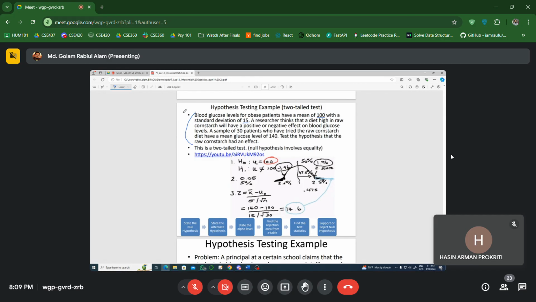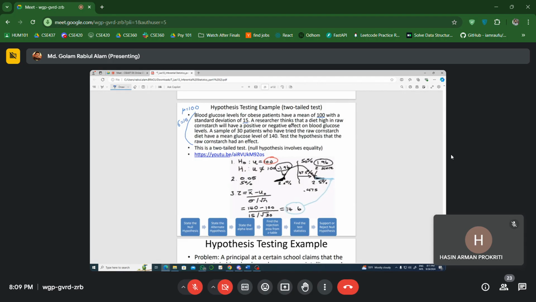So there is a mean, that is mu, equal to 100, and it is also given that the standard deviation, or sigma, is 15.